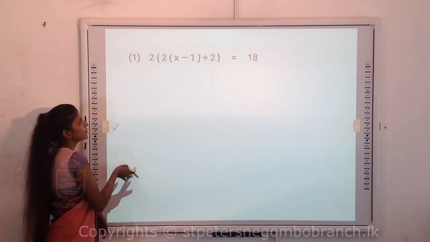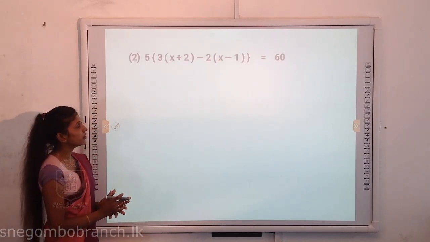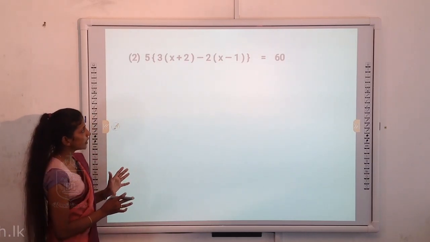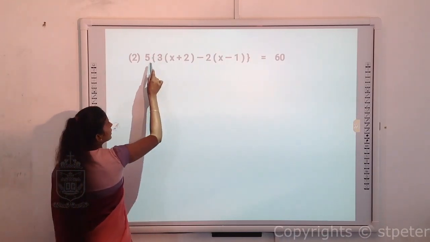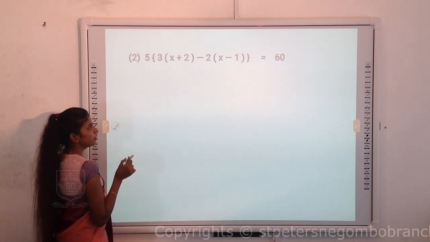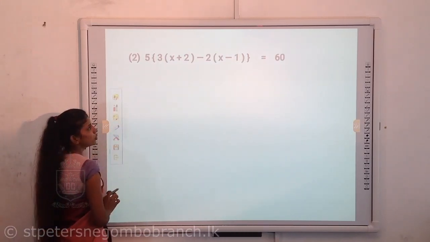Next, another equation. In the same manner, we can simplify this equation. So here you all can see there are two types of brackets, parenthesis and a curly bracket. So at first, like the previous example, we can cancel the outermost number.